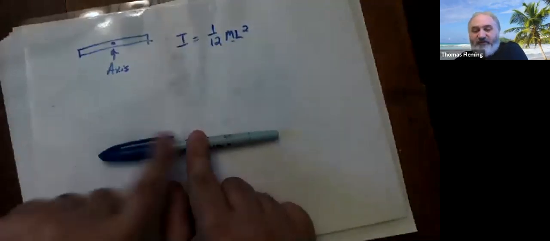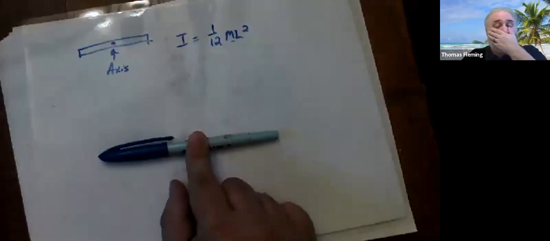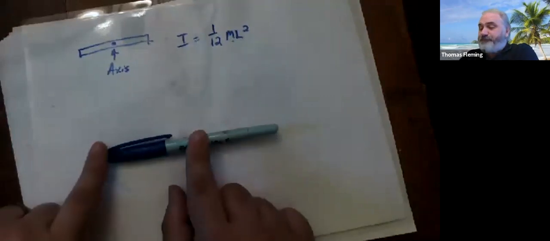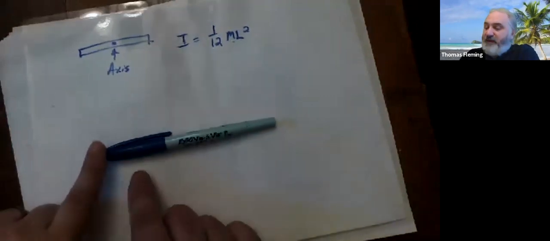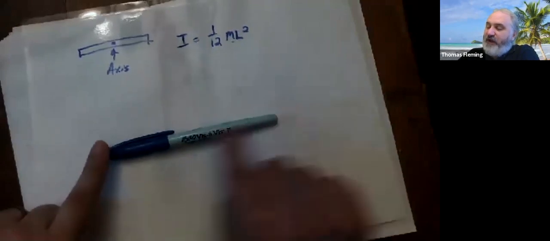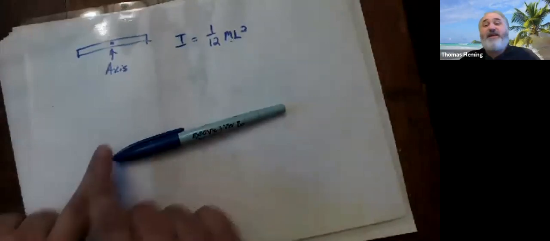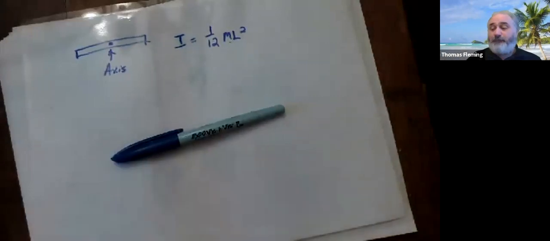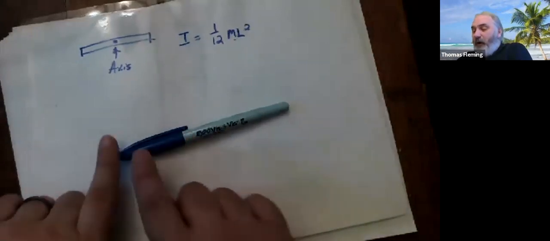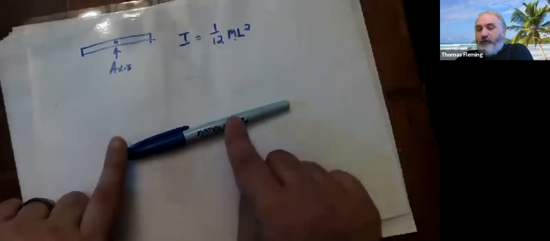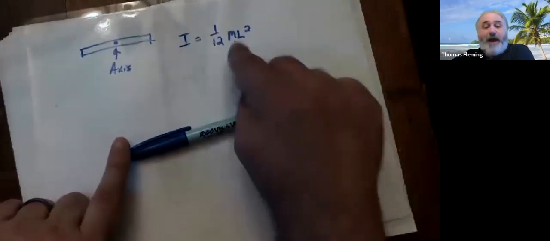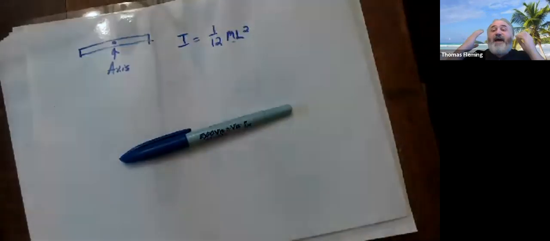However, now when I'm pivoting around this end, this far end of the stick is now twice as far away from the axis as anything was in the previous example. And so when I add up all the mr squareds, when I rotate it around the end, I'm going to get a different expression. That's nuts.